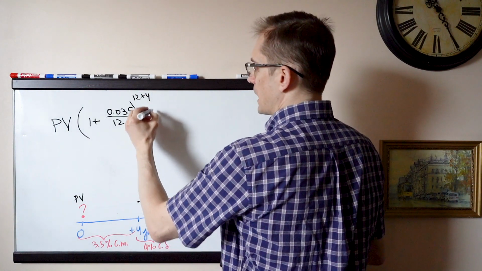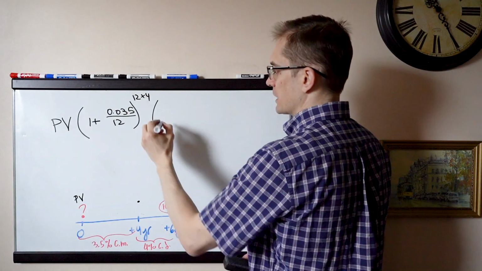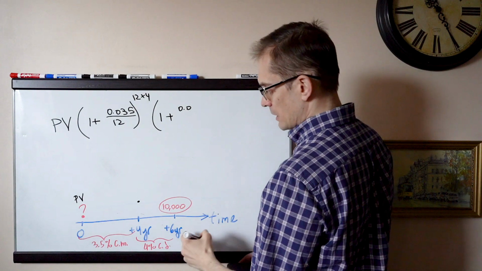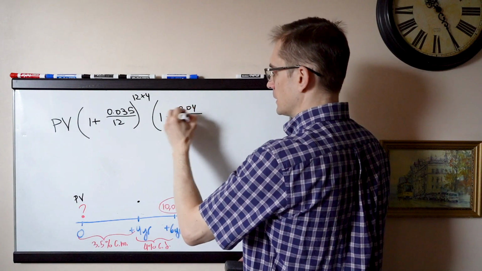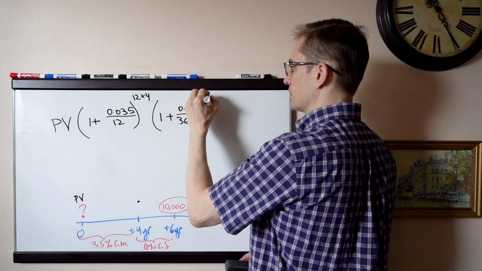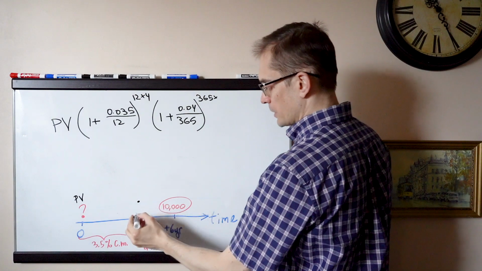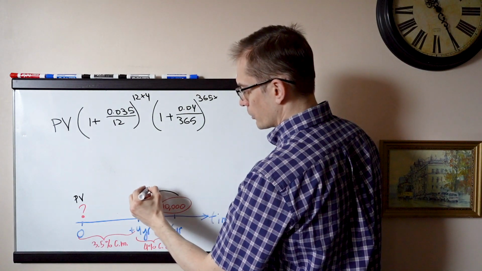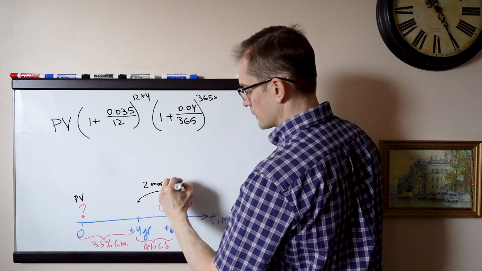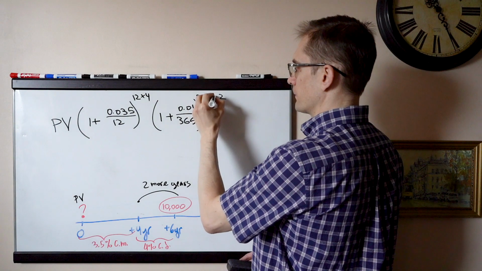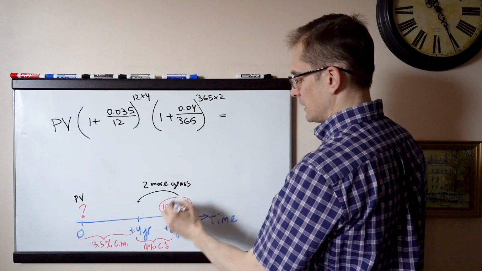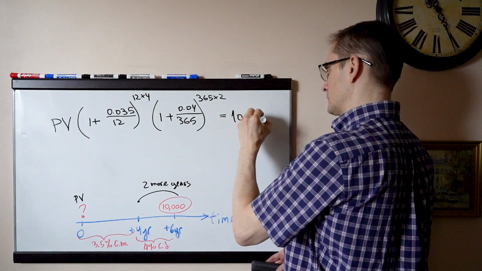So basically, I need to multiply this by another bracket now, which is (1 + 0.04 divided by 365) to the exponent 365 times 2, because it is 2 more years, right? Now, and that should result in 10,000.